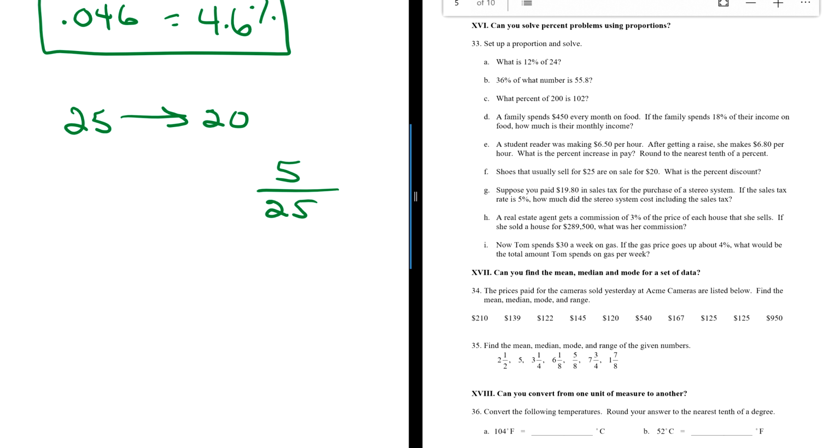So on your calculator, 5 divided by 25 is 0.2, but we have to change that to a percent, so I'm going to move this over 2 places. So that's going to be 20% off. And that checks out.